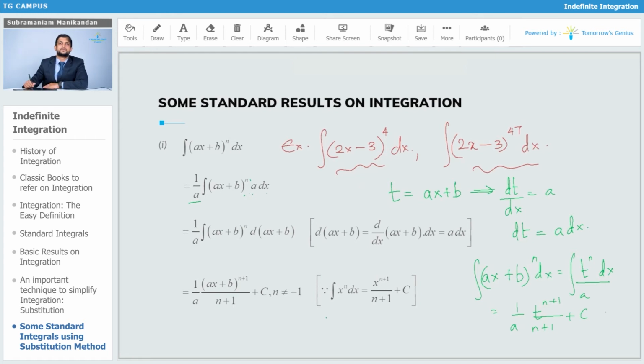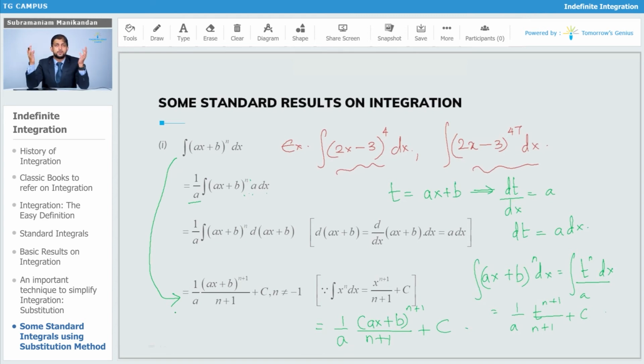And so this becomes 1 upon a times (ax + b) to the power of n plus 1 by n plus 1, plus the constant of integration. So integration of any linear factor raised to the power of n is given by this.